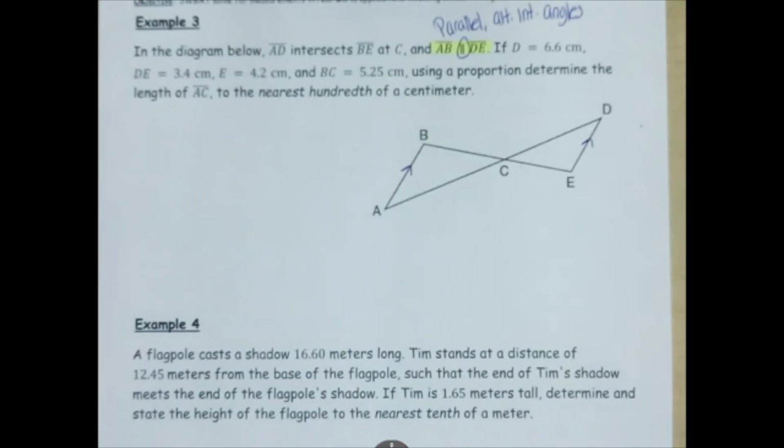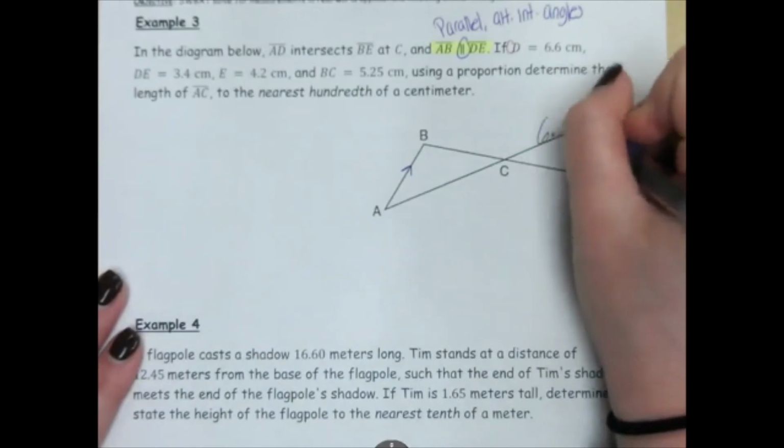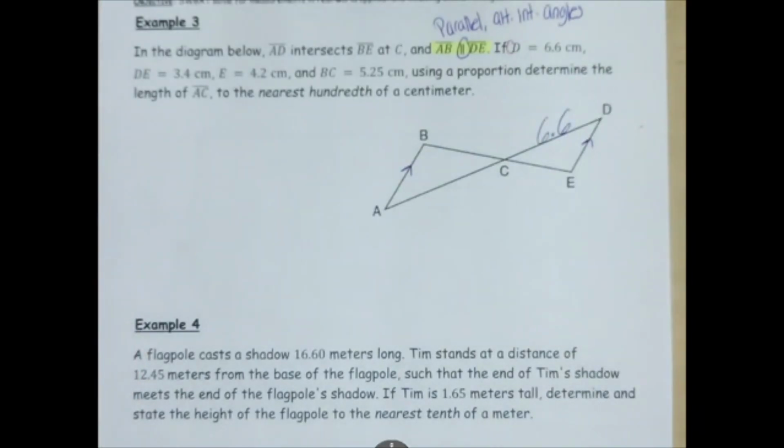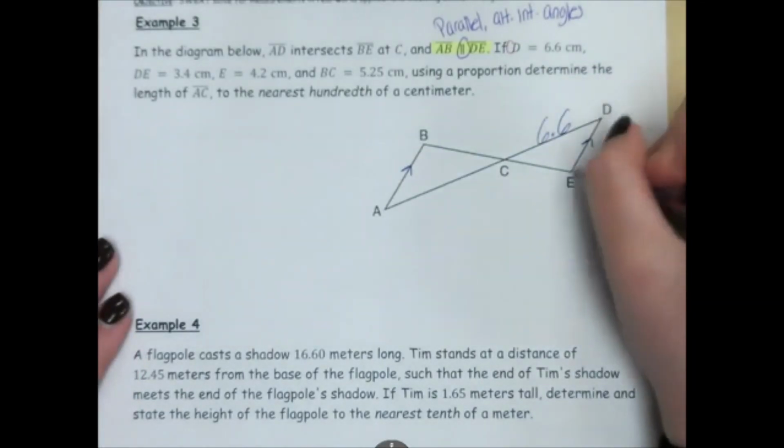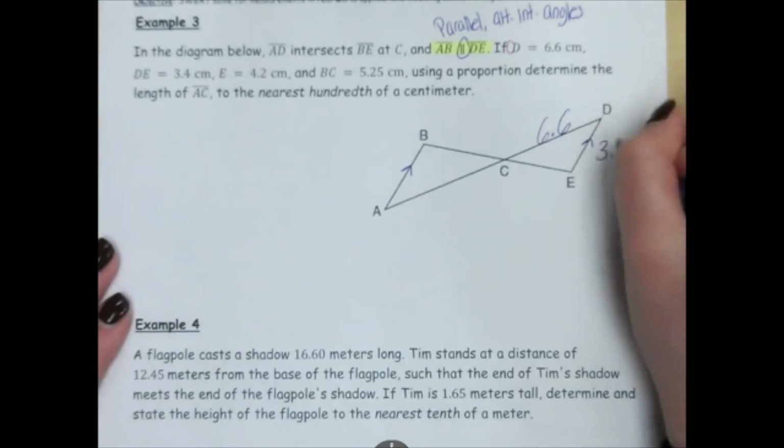Okay, if CD, oh my goodness, if CD is going to be 6.6, so I want to fill that in. Here's CD, it's 6.6. And if DE is 3.4, here's DE, this is going to be 3.4.